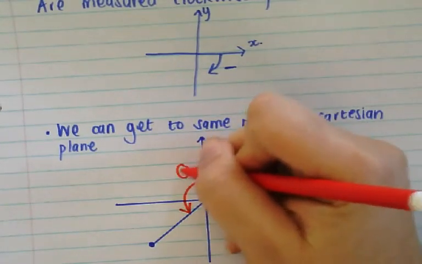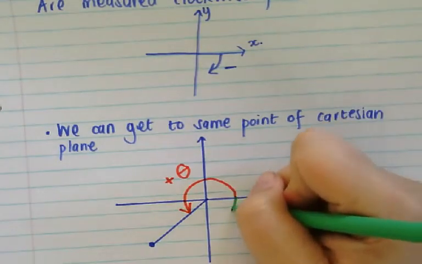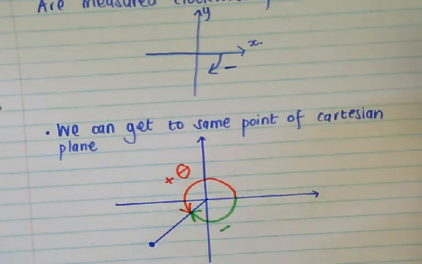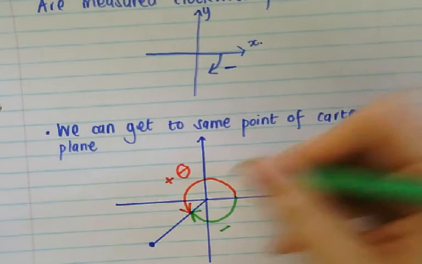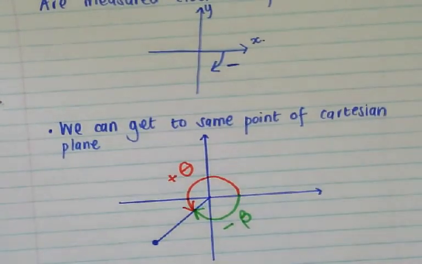That would be positive theta. Now if I was measuring in the negative direction, let's do it in green, I would go from here to there, the negative telling me the direction, but it won't necessarily be theta, so I'm going to call it a different angle. So what can you tell me about theta and beta together?